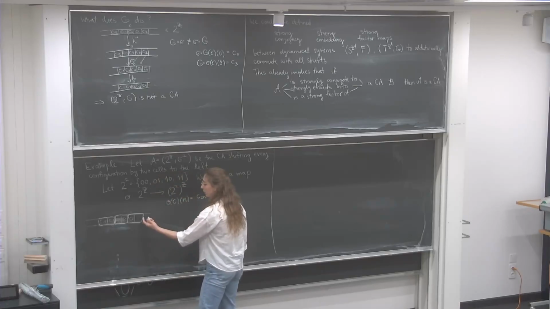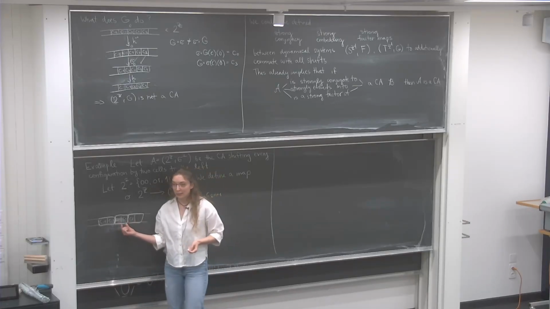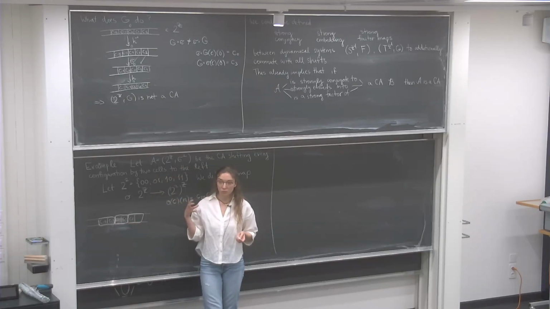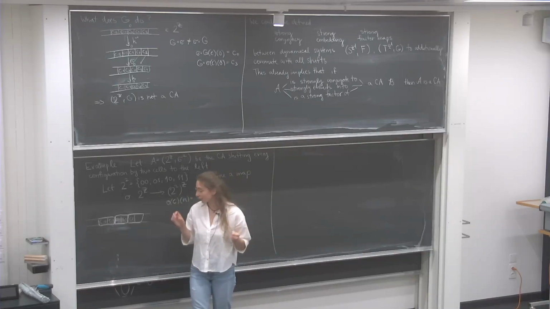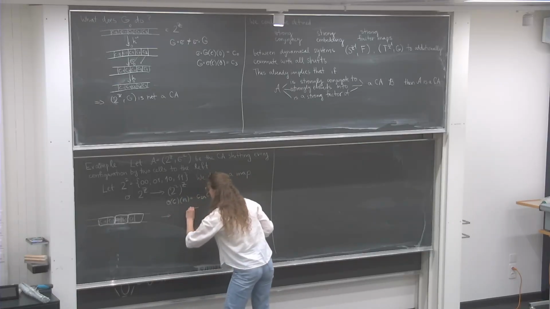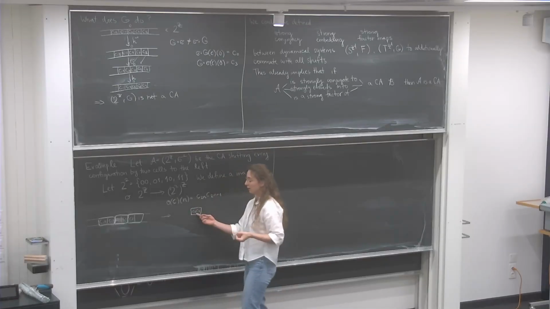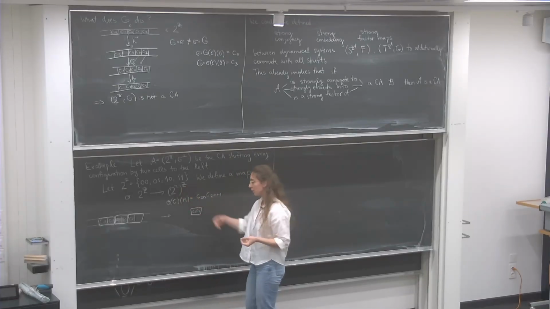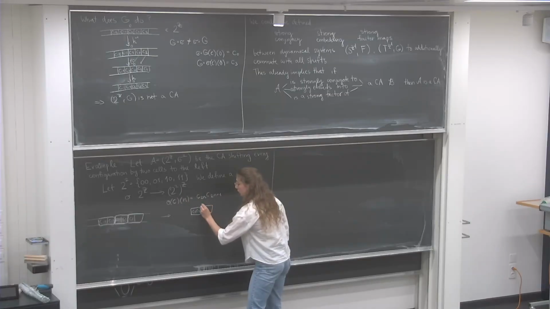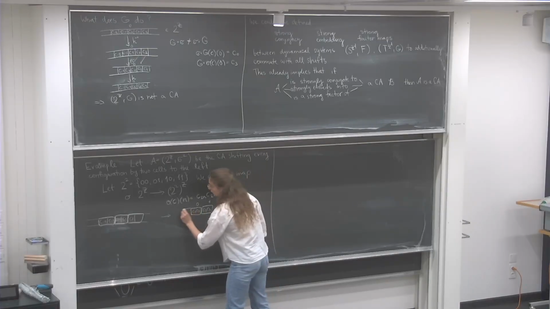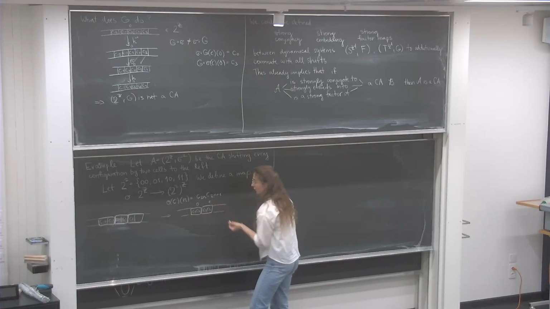And then mapping, essentially grouping each 2 consecutive states into one richer supercell, which is now living in this space 2 to the 2 to the Z. So this is at position 0, this is at position 1, and so on. Is this clear?